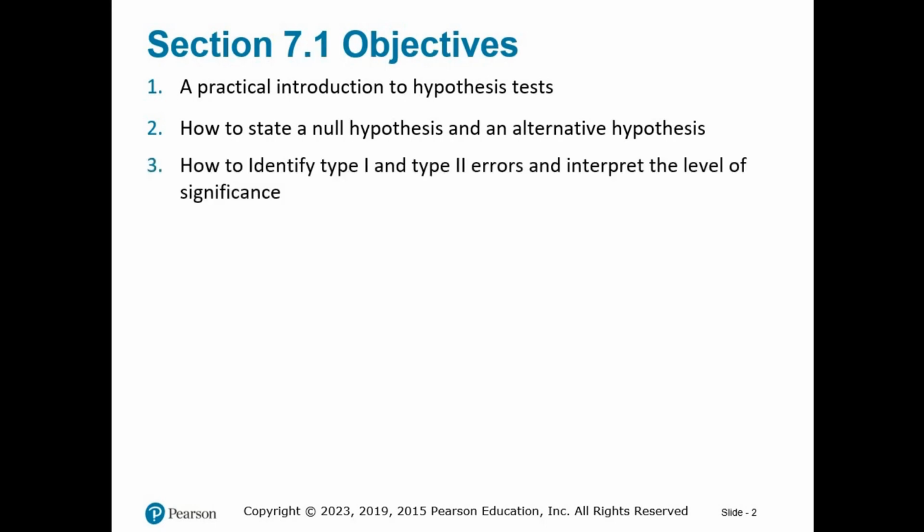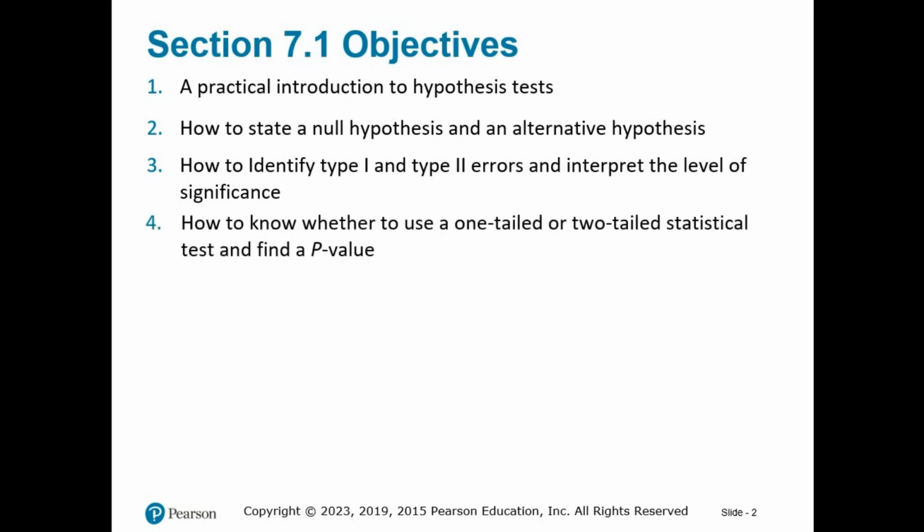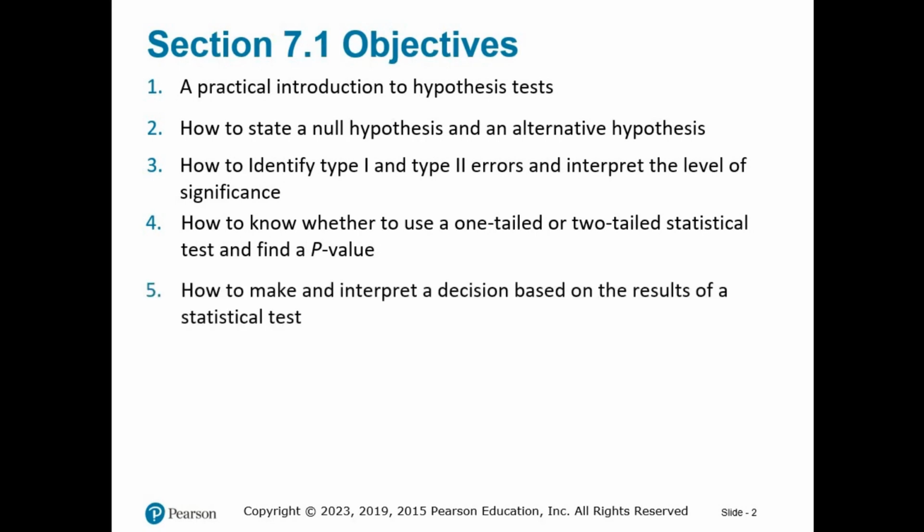We'll learn how to identify type 1 and type 2 errors and interpret the level of significance, and how to know what type of statistical test to use to find a p-value, a left-tailed, right-tailed, or two-tailed test. We're going to talk about how to make and interpret a decision based on the results of a statistical test, and how to write a claim for a hypothesis test.